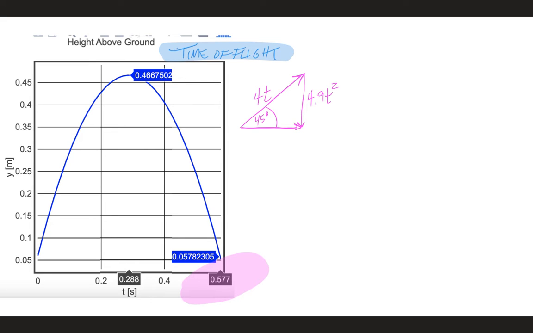And so since I have an opposite and a hypotenuse and an angle, I can know that the sine of 45 degrees would be opposite over hypotenuse, which means that it's 4.9 t over 4, and so t would just be 4 sine 45 over 4.9, and that's roughly 0.577 seconds.